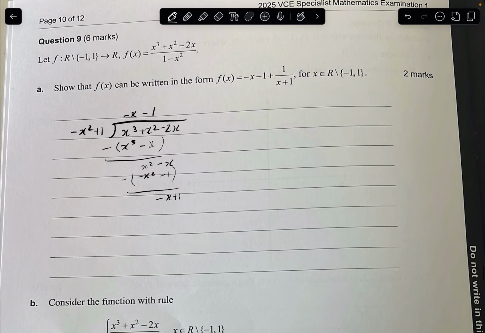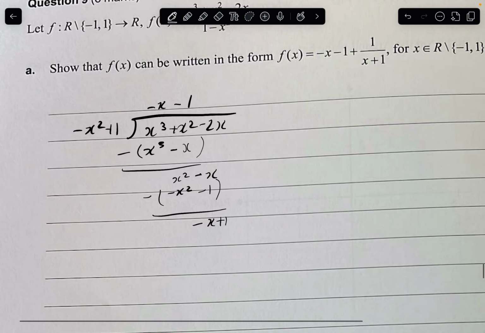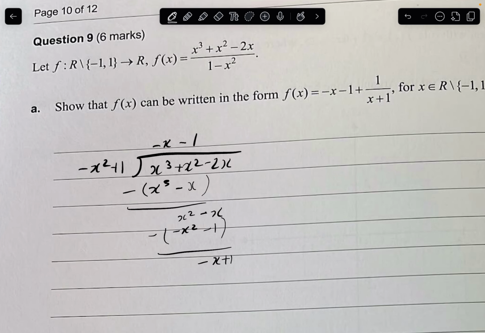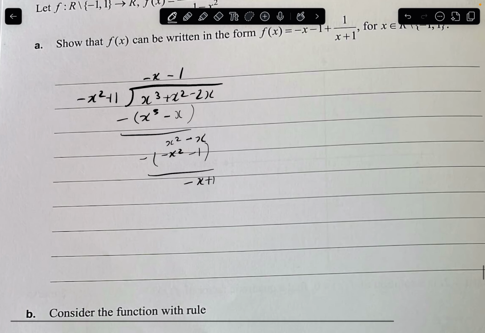Why is my remainder? Oh, that's fine. My remainder. Okay, yeah, so I think that's fine. I haven't done anything wrong. So it's going to be negative x minus 1.